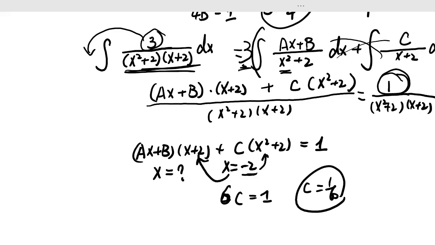So for the second term, we have x squared plus 2. It cannot be 0.